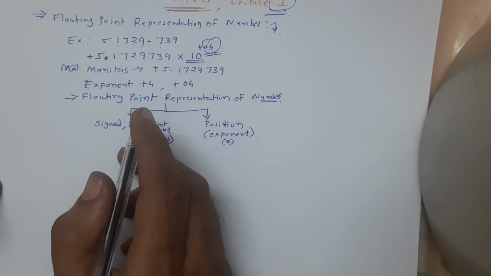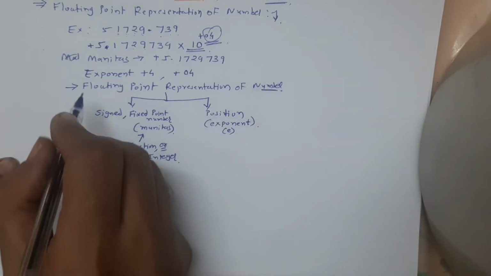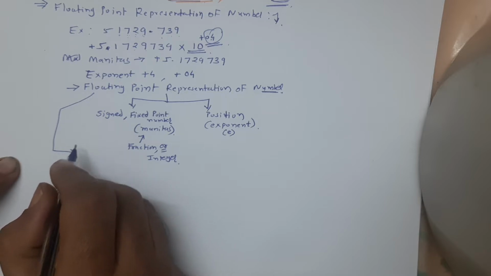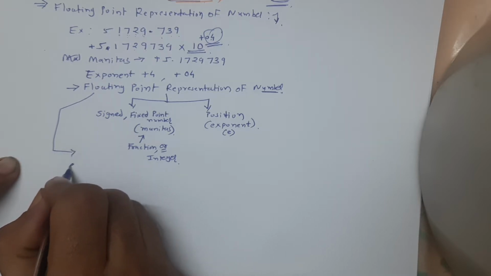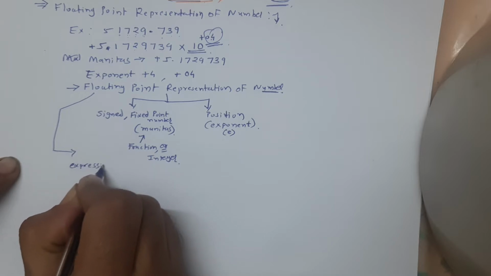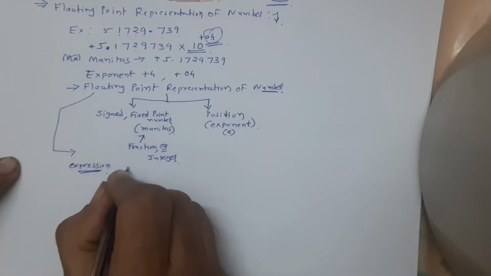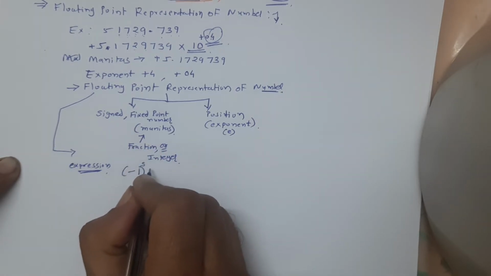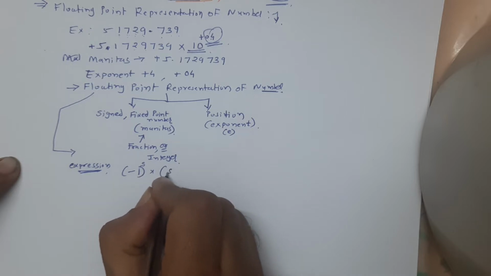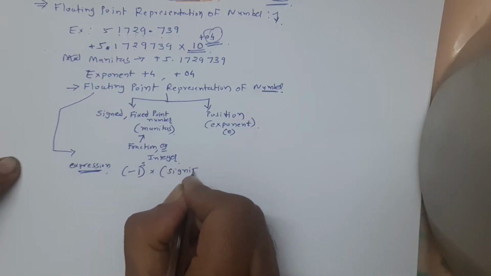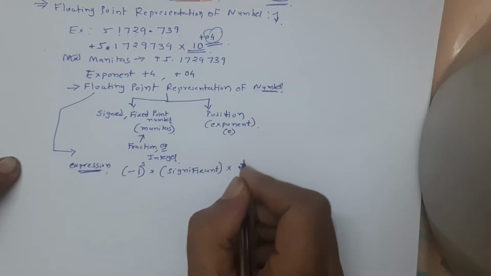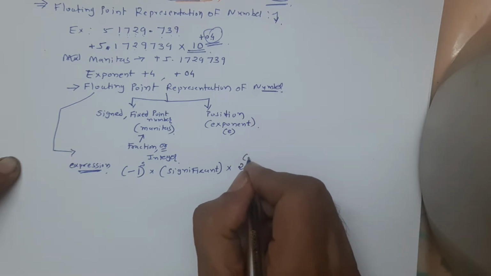The floating point number represented in binary is given by the expression: minus 1 raised to S, times significand, times 2 raised to exponent plus bias.